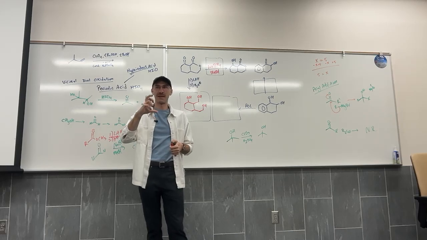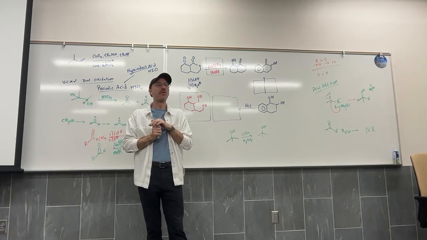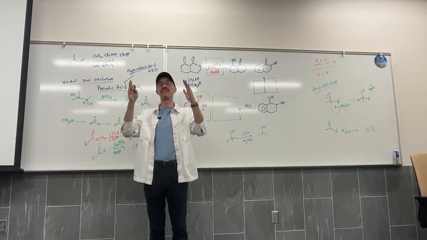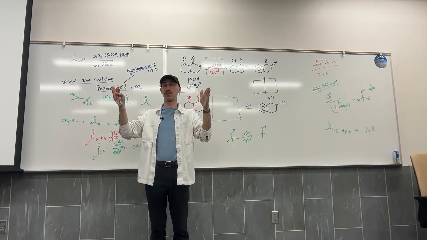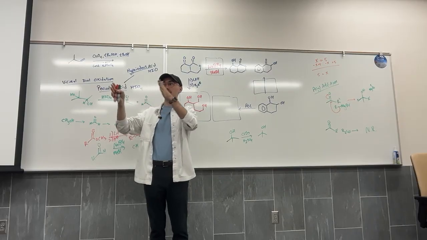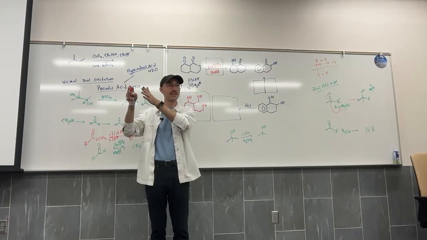Boron. Right, aluminum is less electronegative than boron. So the electronegativity difference between hydrogen and aluminum is even greater than between hydrogen and boron. And that difference in electronegativity is what makes the hydride as strong as it is.